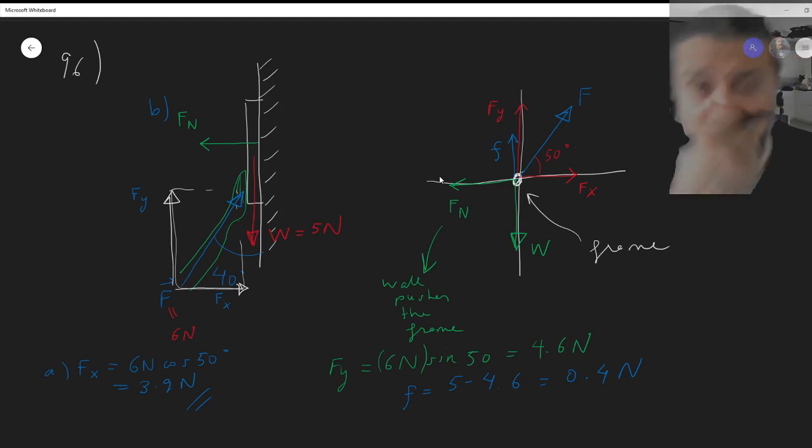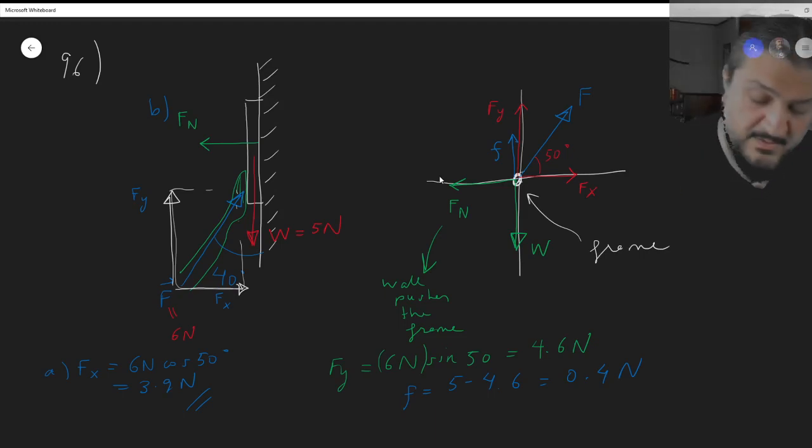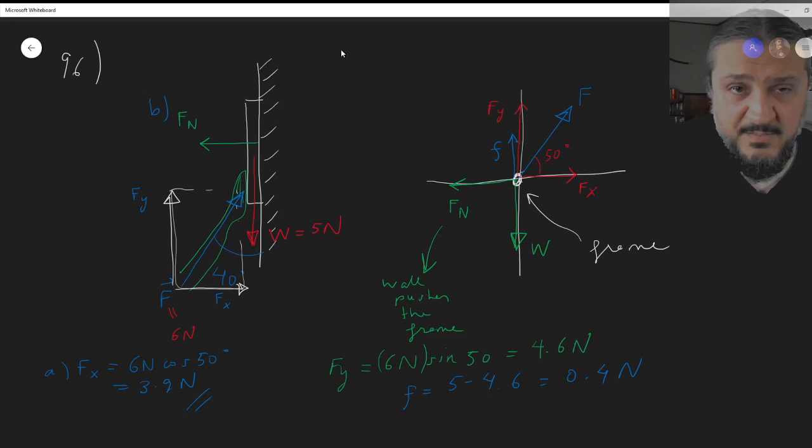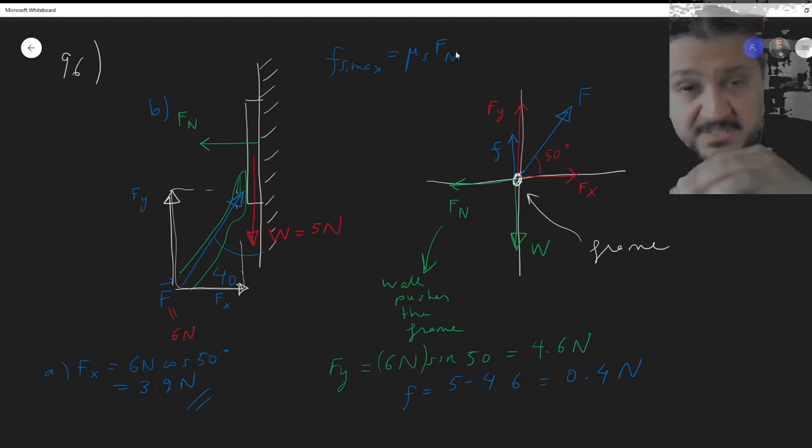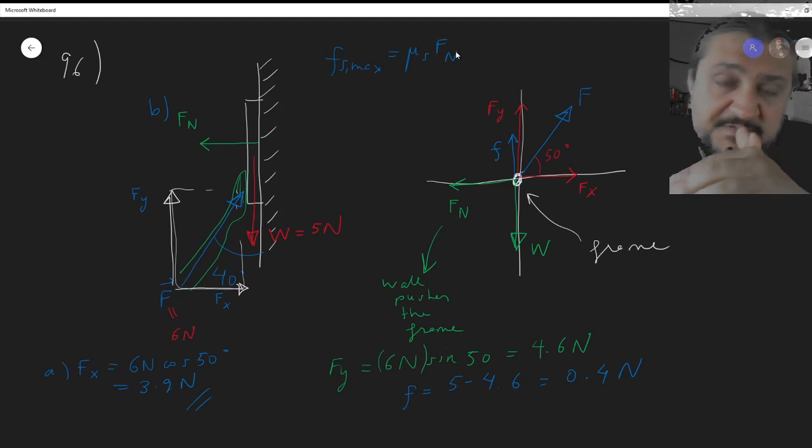This is again about the picture that I drew earlier. I'm not going to draw it again, but we had this value here, which was F static maximum equal to mu s times Fn, right? That's what we're going to use here.